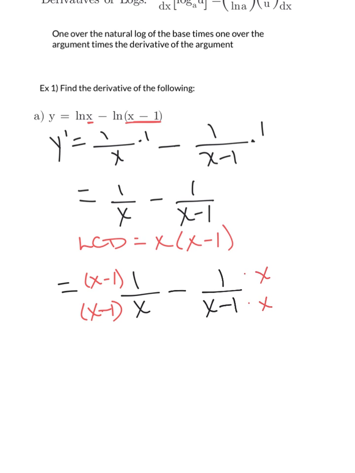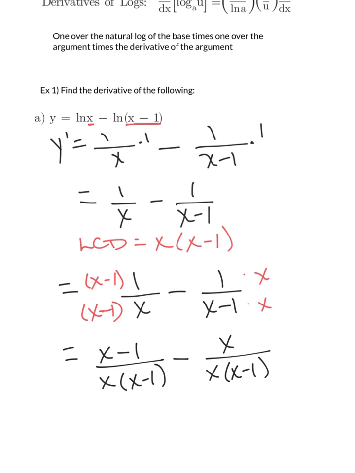So we need to take the top and the bottom times x. Now we're going to actually do the multiplication. 1 times x minus 1 is x minus 1. You don't need to distribute on the bottom. You can just leave it as x times x minus 1. Minus 1 times x gives me x over x times x minus 1.